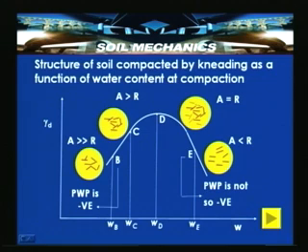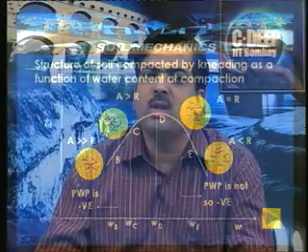That is what we have discussed. We will throw some light on this with an explanation of the attraction and repulsion between the plate particles, and then we will compare this behavior with coarse grained soils, and try to understand why coarse grained soils behave differently from fine grained soils.